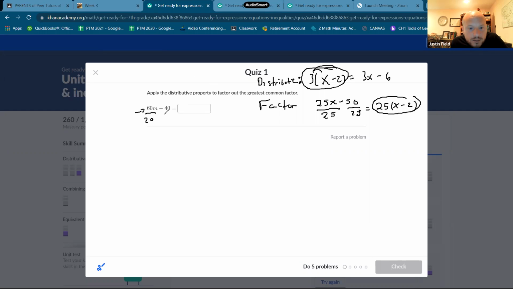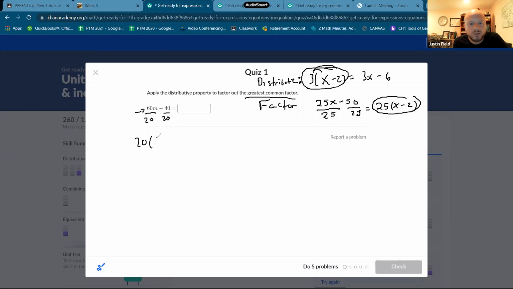So I can divide them both by 20. If you divide them and then notice you can divide them further, just think about the biggest number, the greatest common factor, that you can divide them by. And so 20 is it.